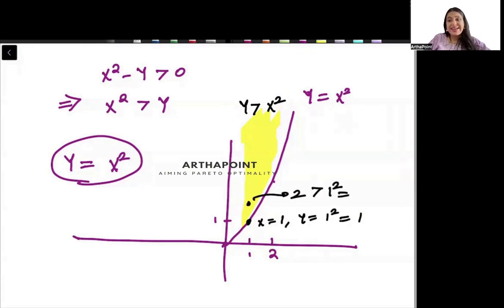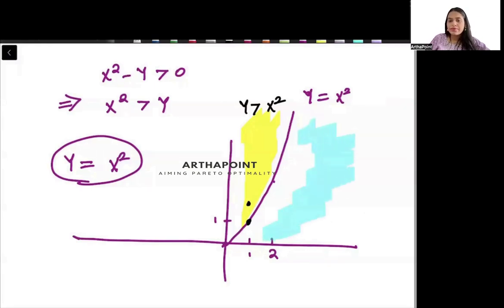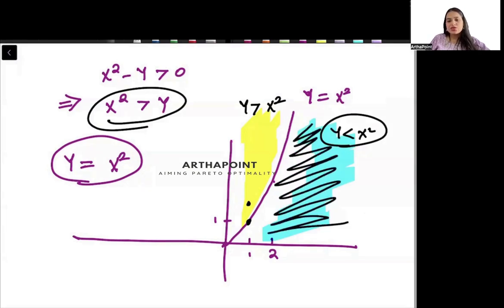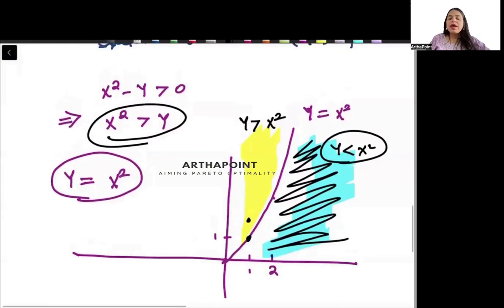So here, y is greater than x square. Similarly, if I talk about the region below, here y is less than x square, exactly what I require, right? So I have got that y should be less than x square. This is the first thing that I have achieved.